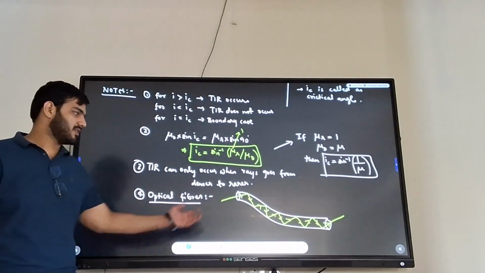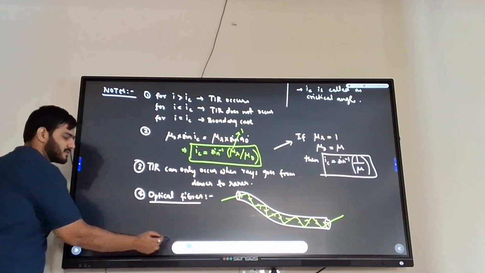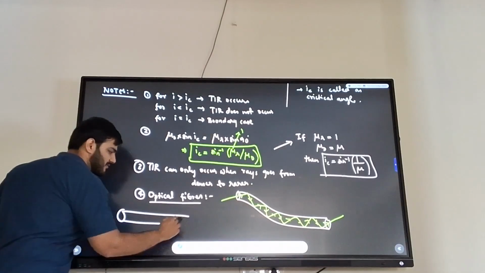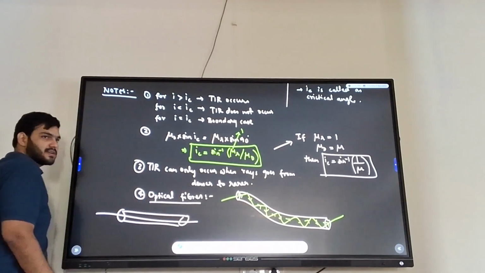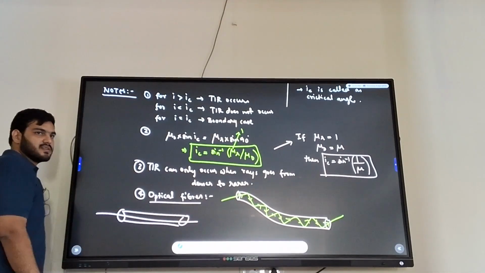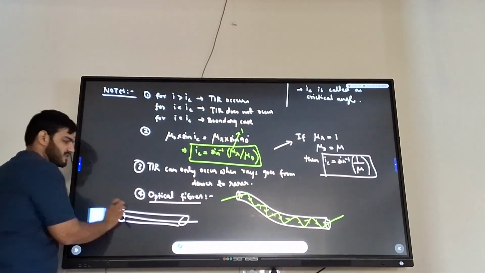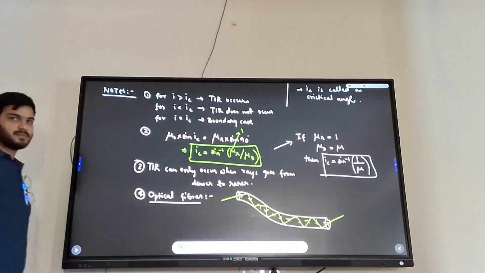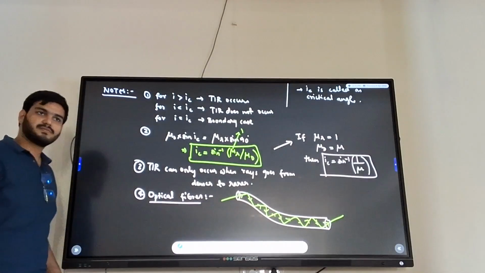People will say, why are we doing it like this? What if you have a straight wire? With a straight wire, you could just send the rays direct. But then if you bend it, what happens? So that's why we use TIR in optical fibers. Do you get it?